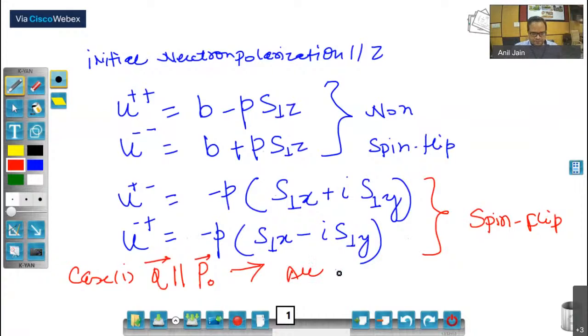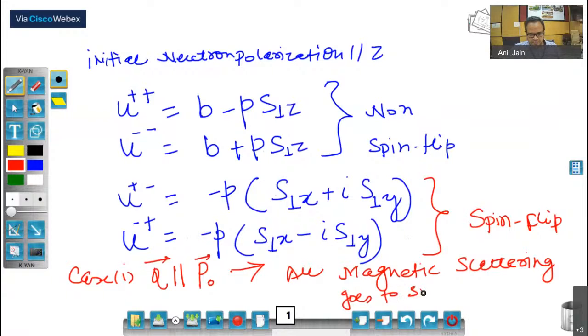So all magnetic scattering... please understand, because if the Q is parallel to P and let's assume it is the Z axis, then this part, which is representing the magnetic scattering contribution, becomes 0.